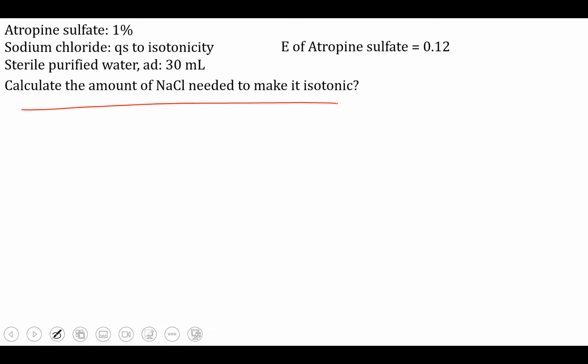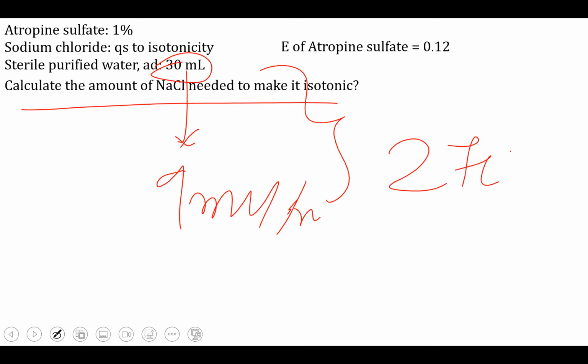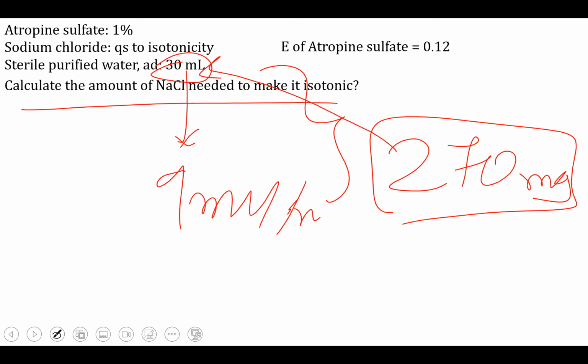So you cannot use, for let's say 30 ml, 9 milligram per ml sodium chloride to make it isotonic. When we add 270 milligram of sodium chloride plus we add the drug, the osmolarity will be higher than 308, and that's the reason we have to use this calculation called the sodium chloride equivalent method.